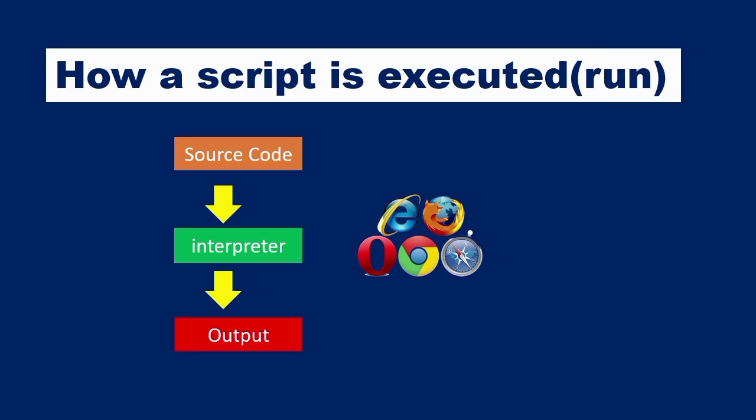For example, in a scripting language like JavaScript, the interpreter, which is a JavaScript engine, lives inside the client web browsers, that is your computer's web browser, and translates any JavaScript code before the output is displayed in the web browser.